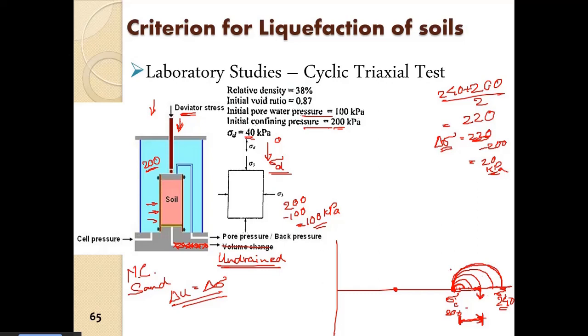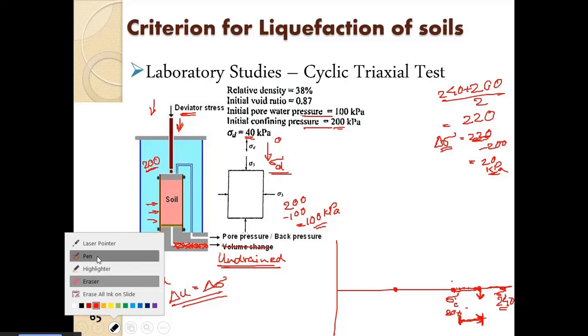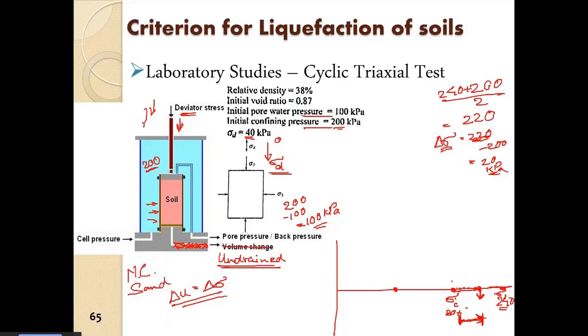When the Mohr circle starts growing, as we apply sigma deviator, we go on incrementing the sigma deviator from a zero value. It started from the cell pressure, so the first Mohr circle is this one, we have the center.